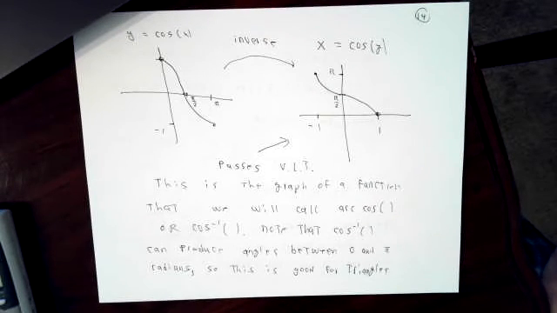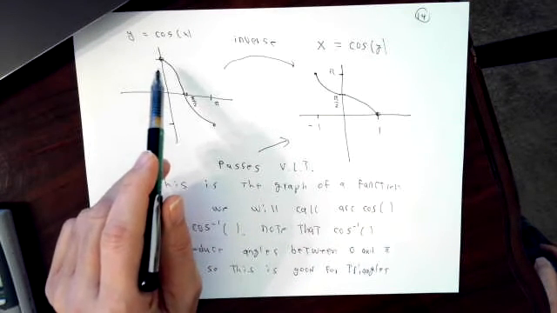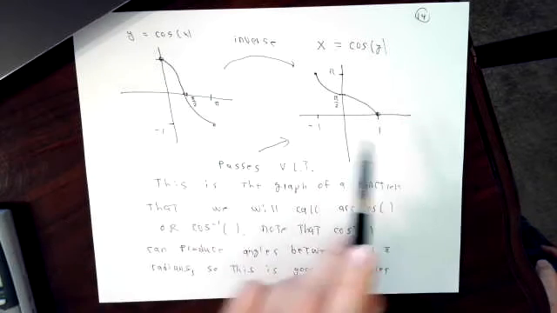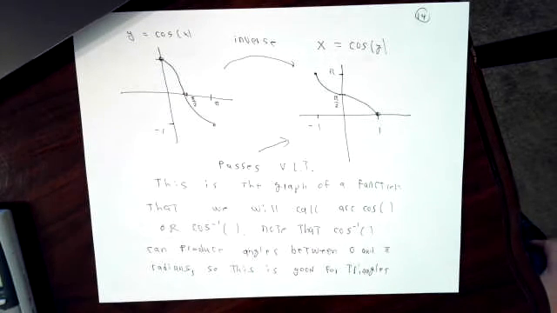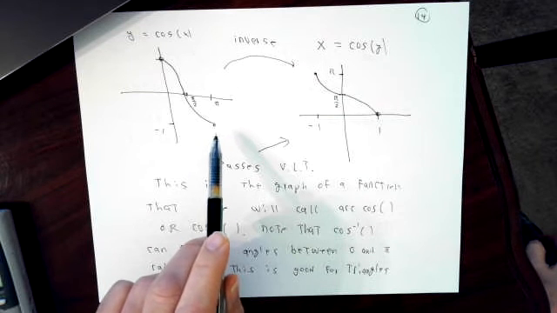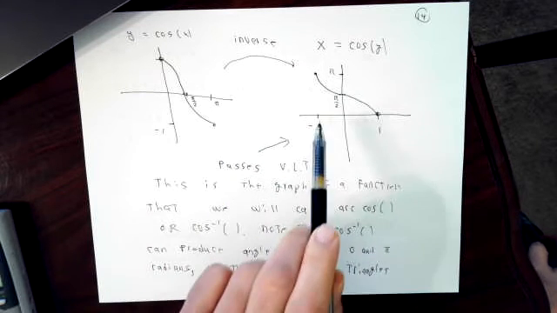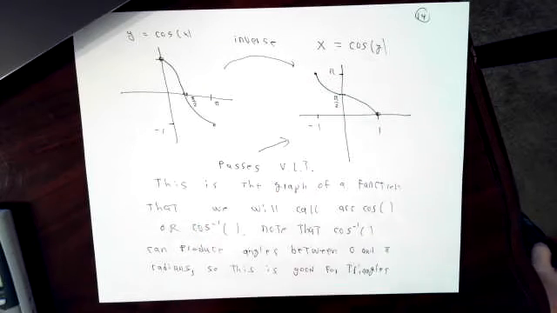Using only that chunk, y equals cosine x, interchange the x and the y so that you get x equals cosine y. This point, where x was 0 and y is 1, gets turned into x equals 1, y equals 0. This point, where x was pi and y was negative 1, gets turned into x equals negative 1, y equals pi.